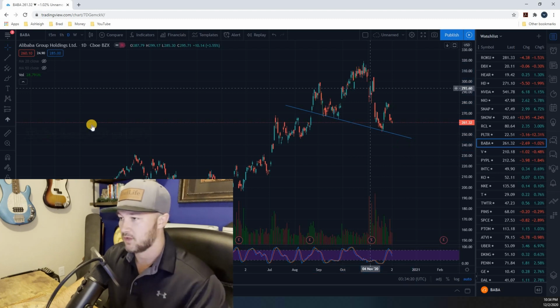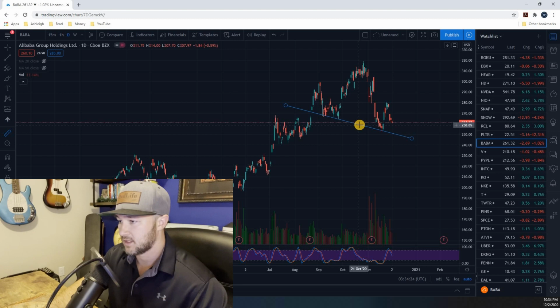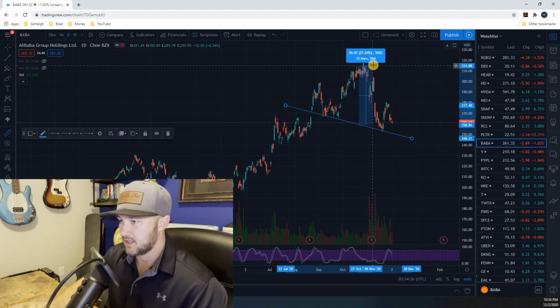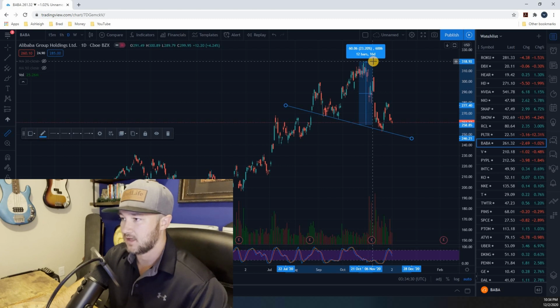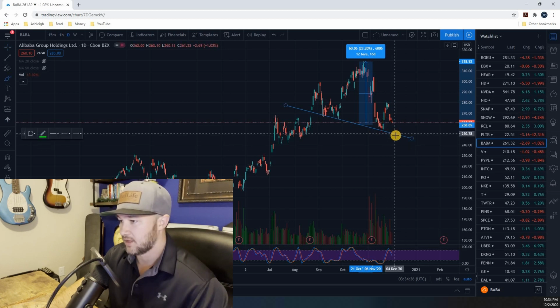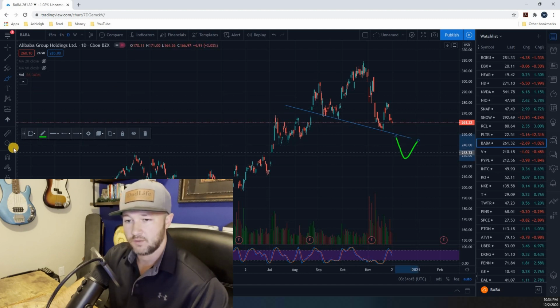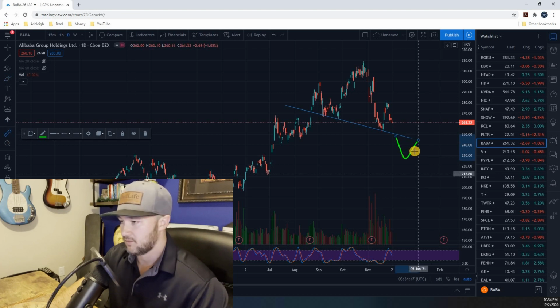Delete these brush marks just to clean it up a little bit. I'll grab my measuring stick. Let's measure from the neckline up to the top of the head, and we get $60. If we think we break below the neckline here, retrace, and then hit the neckline again right around here, then we will measure from there.